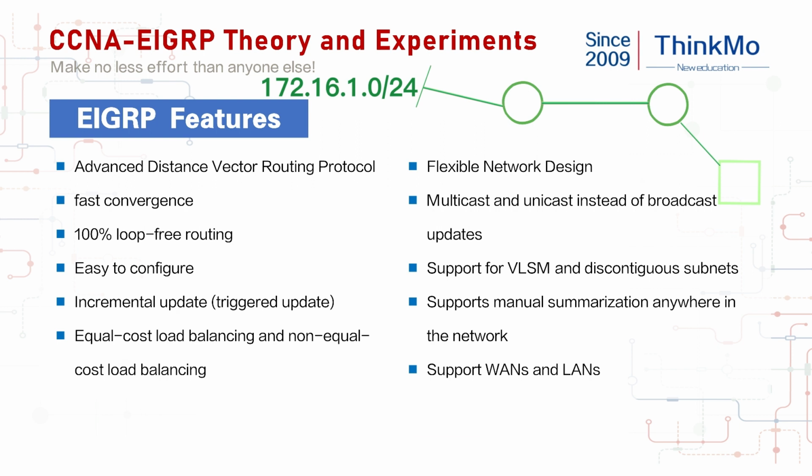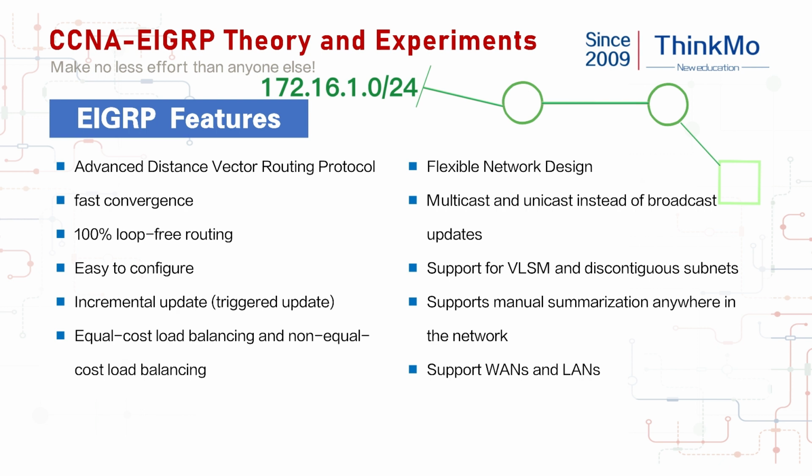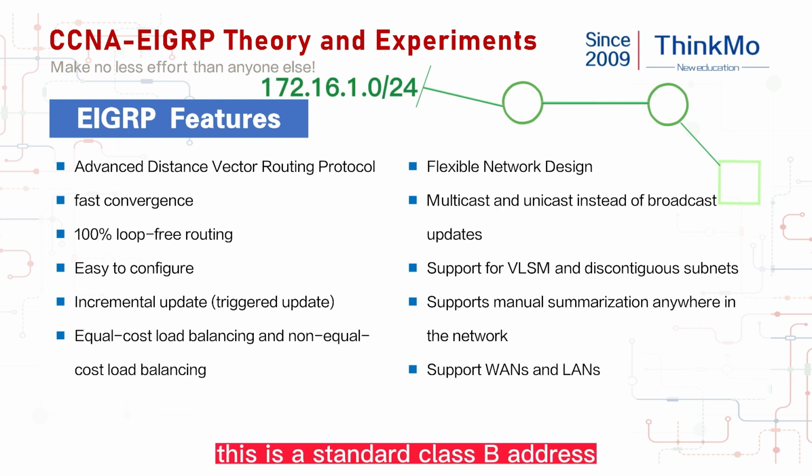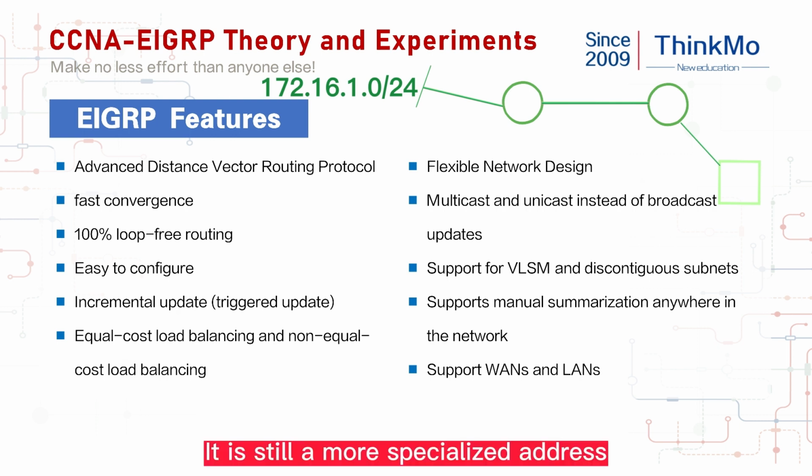It is clear. This is a Class B address. No matter what the /24 behind it is, it must be subnet. Otherwise, according to the rules, it starts with 172.16, so it should be a 16-bit mask. This is a standard Class B address. And it is still a more specialized address.